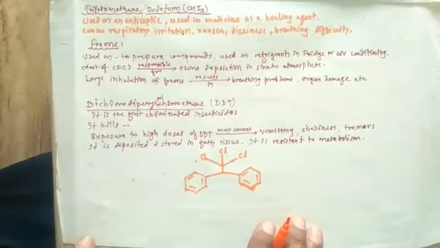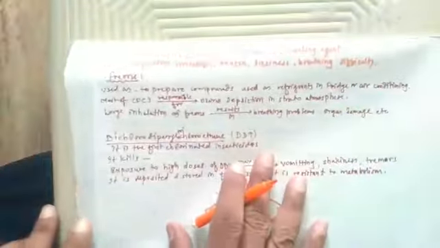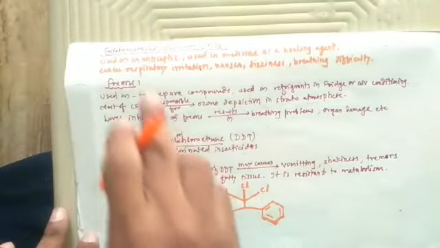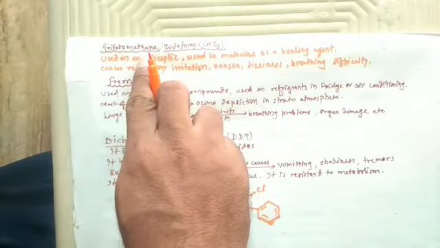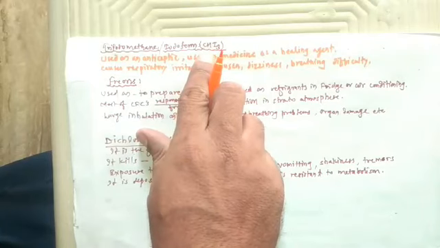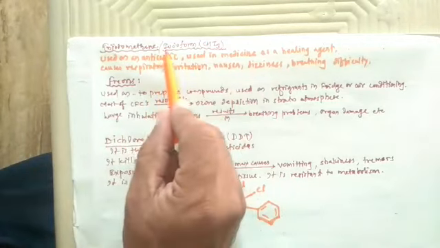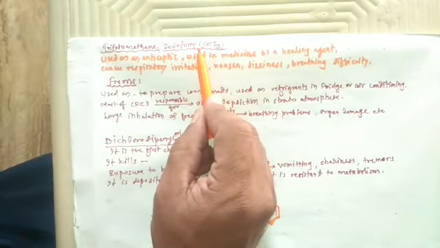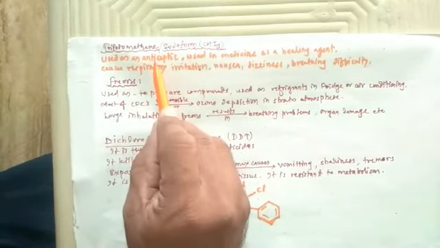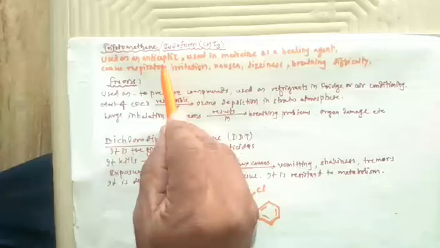Then let's study the next compound, and that compound is iodoform. Iodoform is known as triiodomethane and its formula is CHI3. This iodoform is a yellow crystalline substance and it can be used as an antiseptic for dressing wounds.